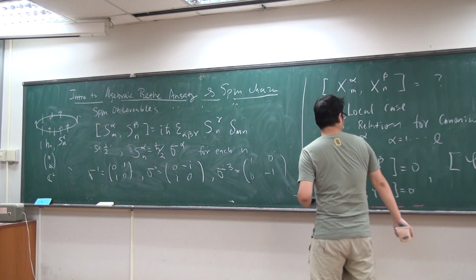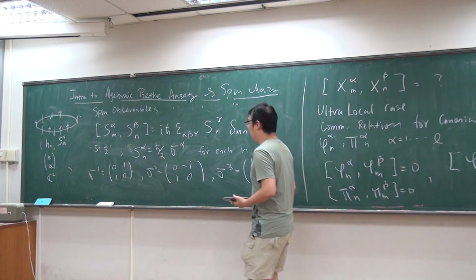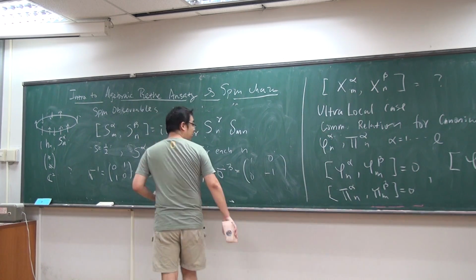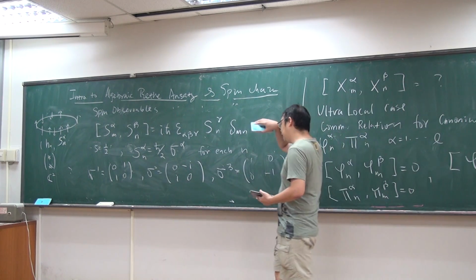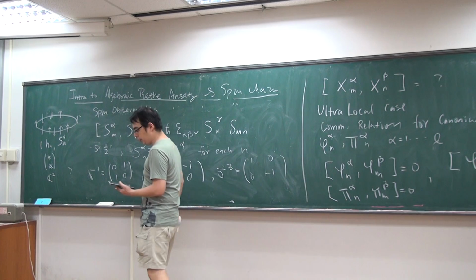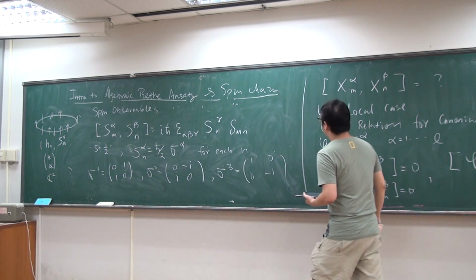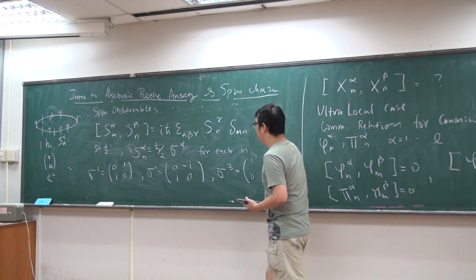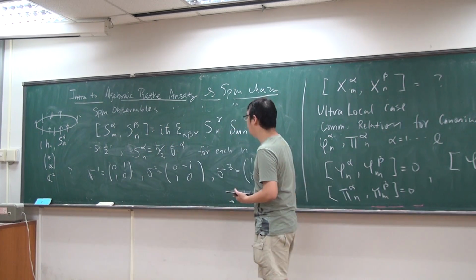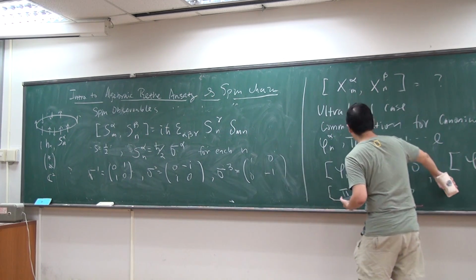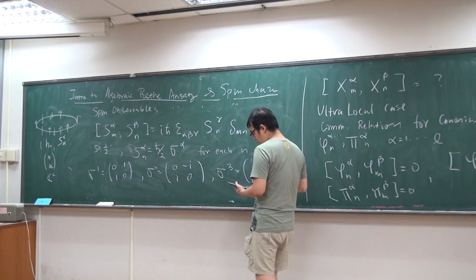What's really nice about it is that I'm presenting two different algebras: one is for the momentum and position, and the other one is for the spin. We can actually express the commutation relations for the SL2 algebra in terms of a Heisenberg algebra.